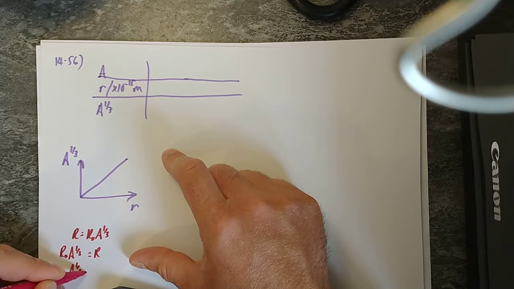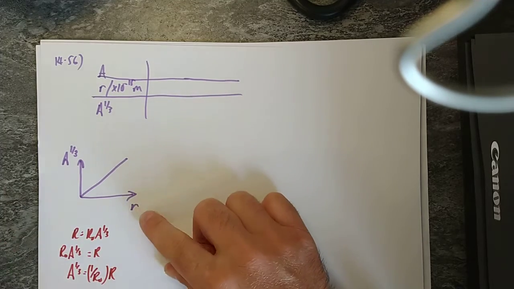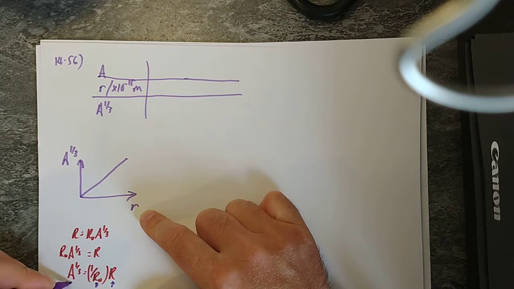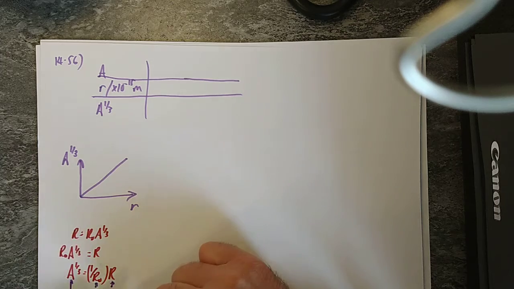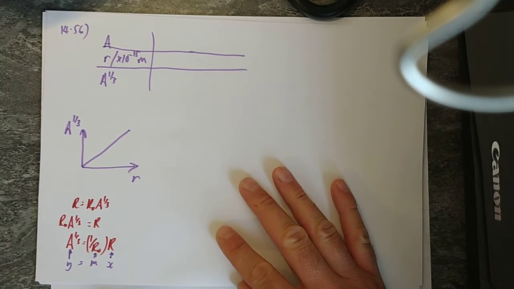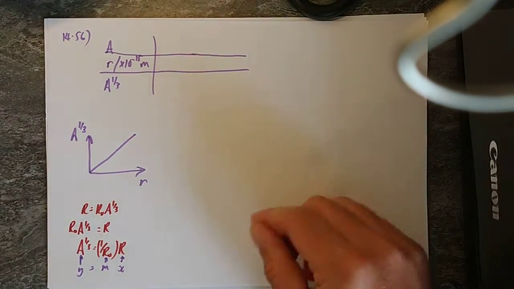So you get A to the power of a third equals 1 over R naught R, which is what we're plotting on our x-axis. So that's our x, that's our m, and that's our y. So we should have a straight line with no positive intercept there. So that's just gone off the bottom of the screen. There. So you should then plot your graph.